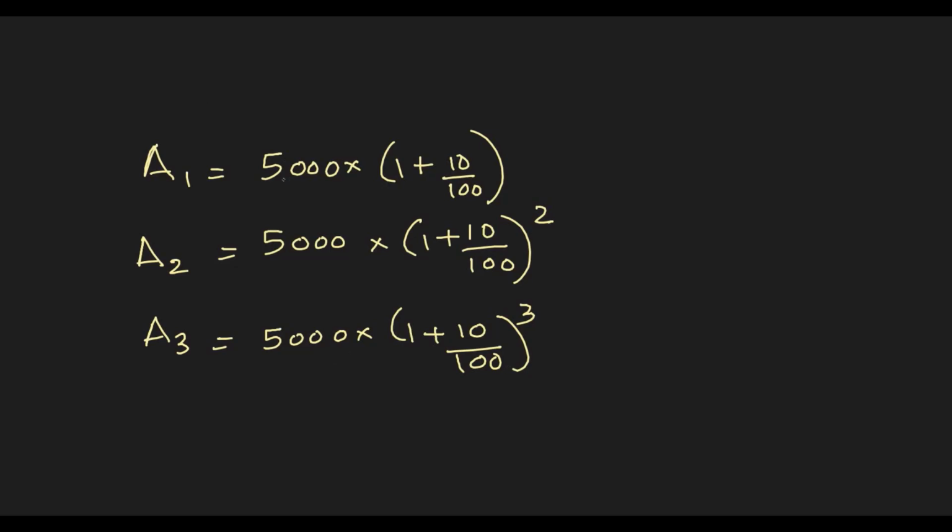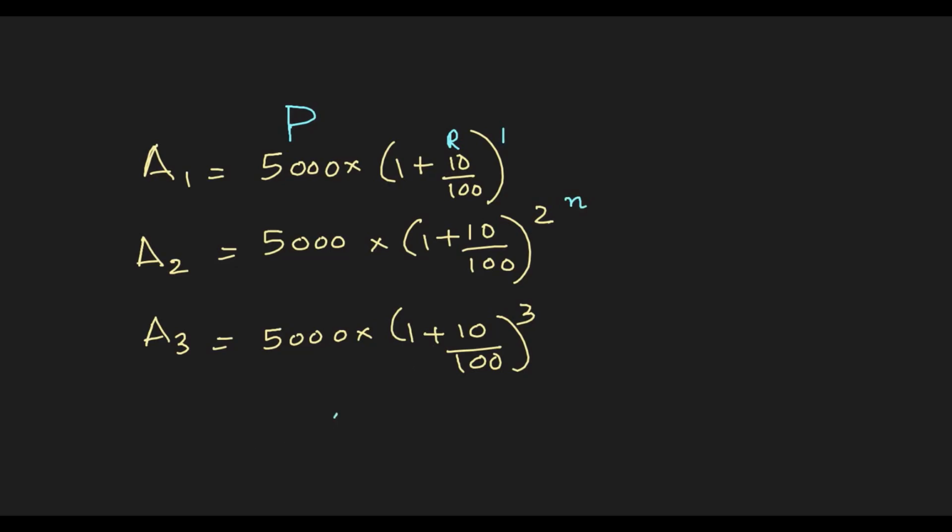Now what is 5,000? Yes, it is the principal amount, that means the amount which we deposited. And what is 10 here? It is the rate. And 2 here, it is 1, 2, 3, these are the number of years that we can take as n.